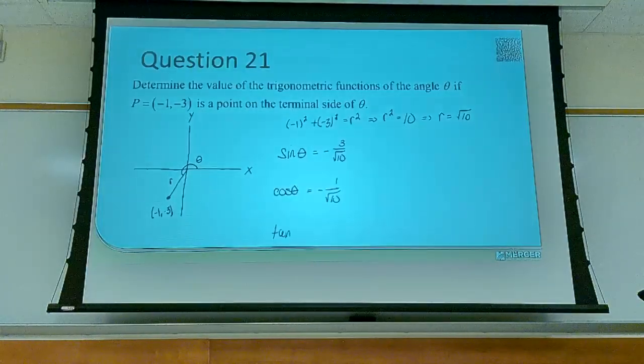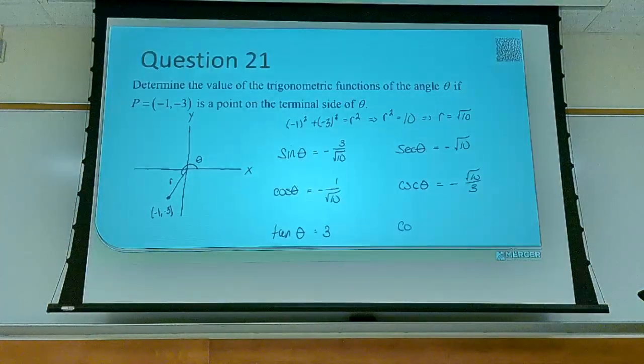What is tangent? Negative 3 over negative 1, which is just 3. Secant? Negative square root of 10 over 1. Cosecant? Negative square root of 10 over 3.